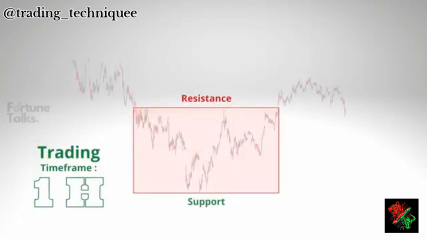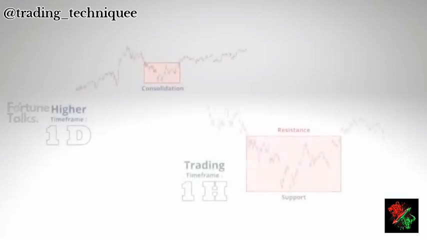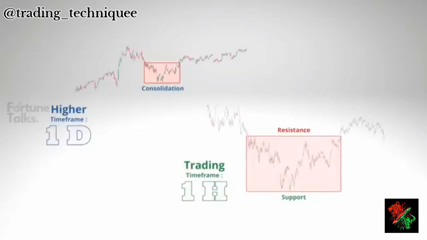This is a pretty good technique that you can use to find support and resistance trading opportunities in the market. You can also use it for even shorter time frames like 15 minutes or even 10 minutes time frames. The only thing to keep in mind is to appropriately select a higher time frame and find a tight consolidation in the higher time frame so that you can find the support and resistance trading opportunity in the lower time frame.